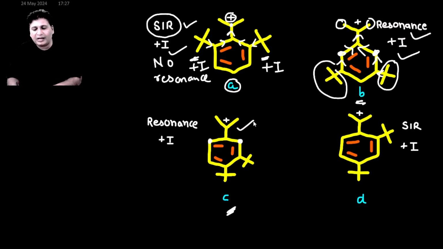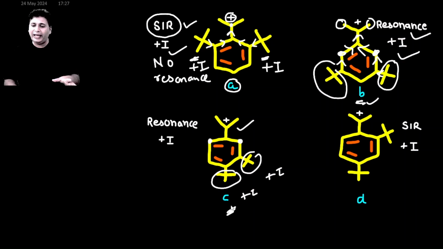This plus charge will easily go inside the benzene ring and delocalize, and you will get the same number of resonating structures as in case B. And again the two tertiary butyl groups will exert the plus I effect. In that sense, B and C are a tie in the effect. Both have got resonance stabilization, both have got plus I stabilization.